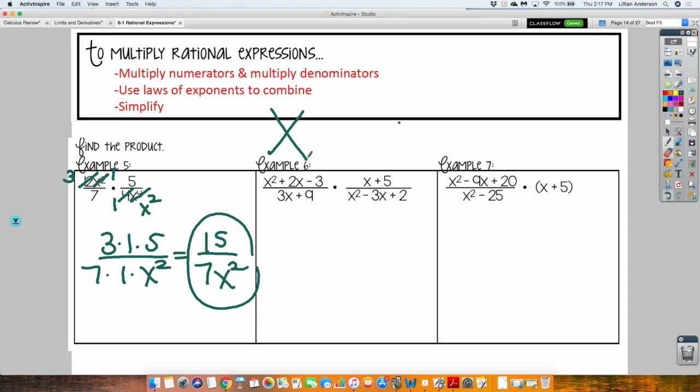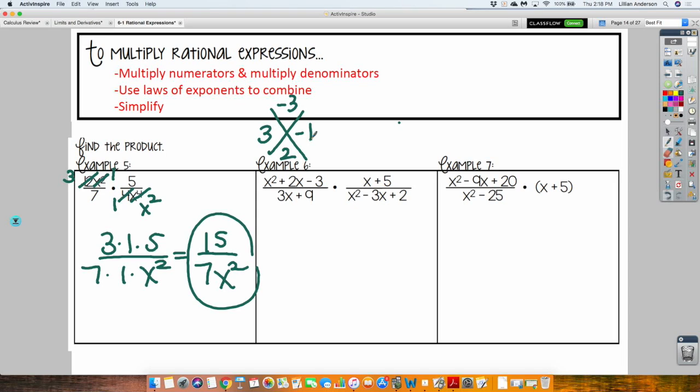You always look for GCF first. So there's no GCF. I make my x, what goes on top? Negative 3. What goes on the bottom? 2. What are my two numbers that multiply to give me negative 3 and add together to give me 2? 3 and negative 1.